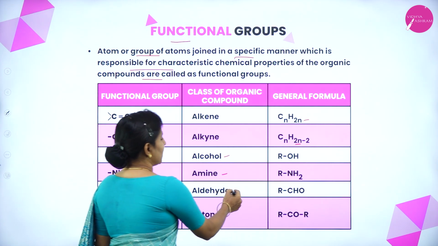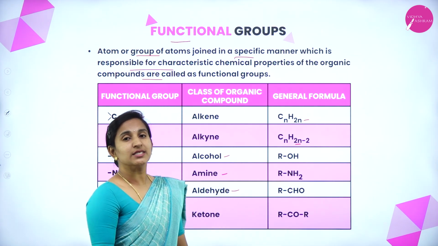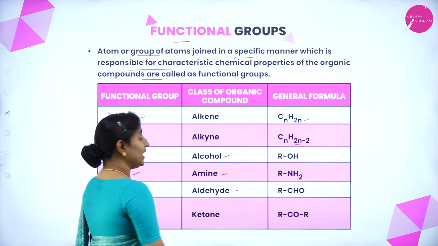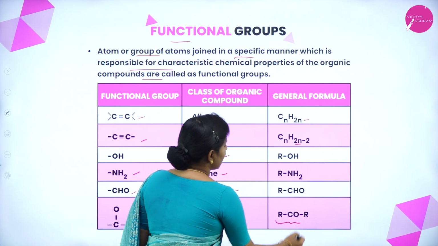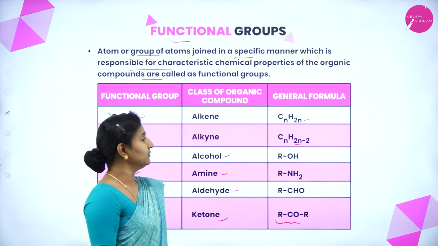CHO we call an aldehyde, represented as RCHO. C double bond O represents the ketone, RCOR'.